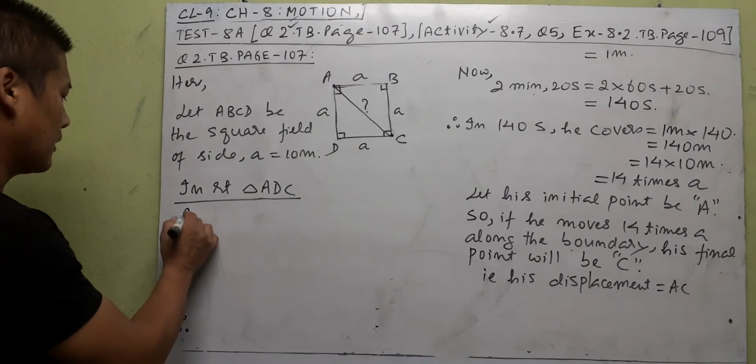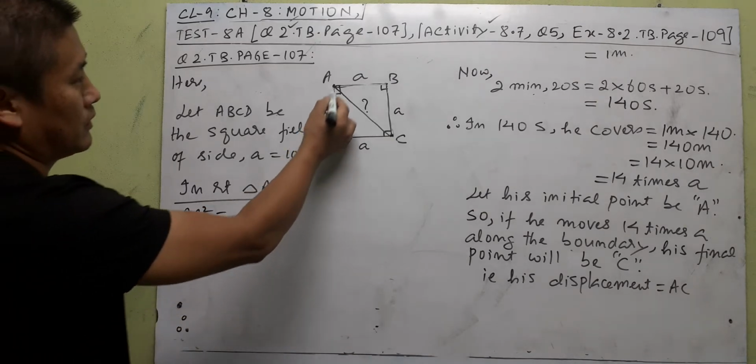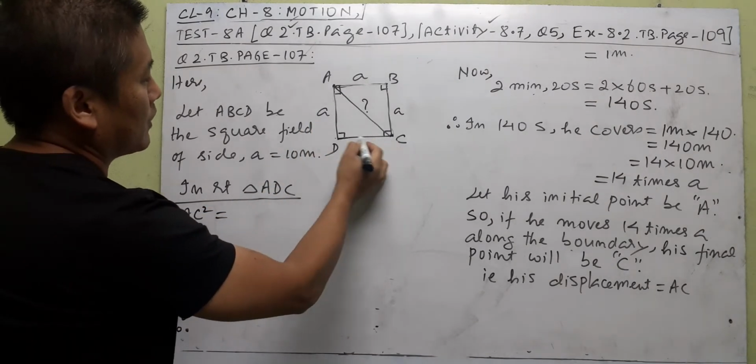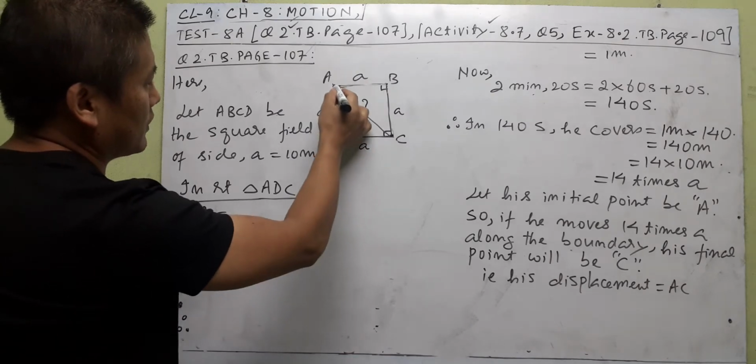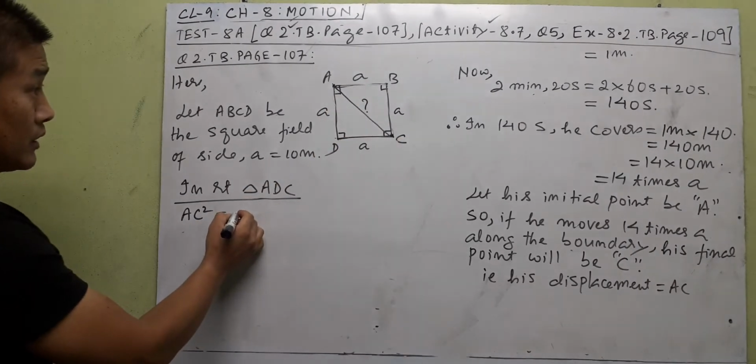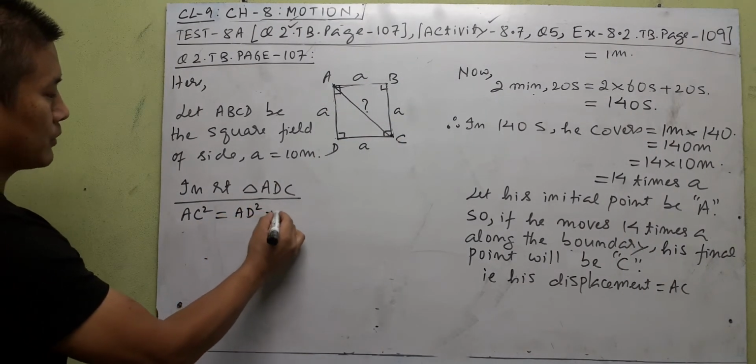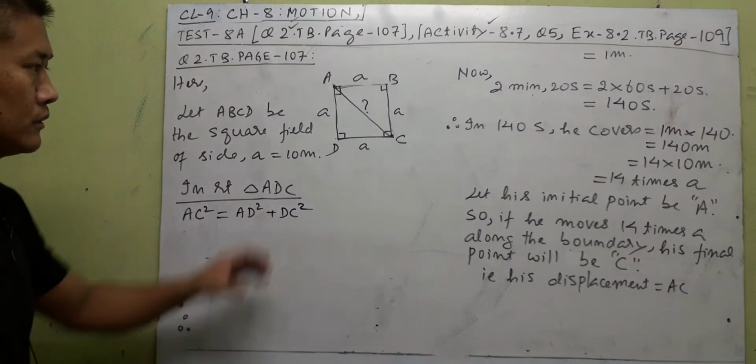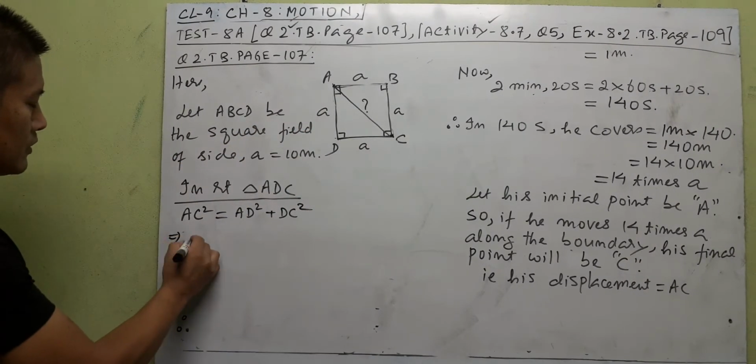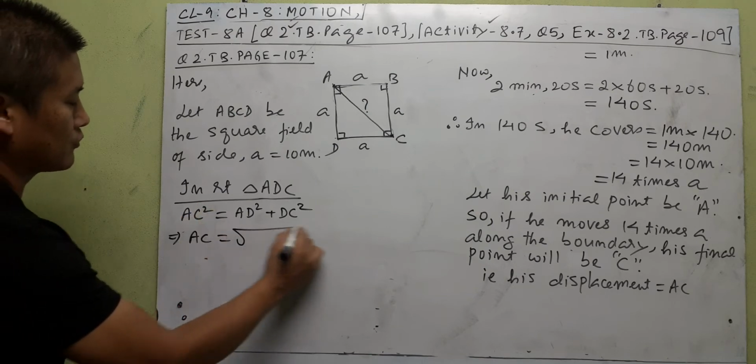So that is hypotenuse AC square. In a right triangle, the two arms of 90 degrees are these, so the one which is not is the hypotenuse. So AC square equal to AD square plus DC square, right? So if you write your AC, we'll remove the square, then root will come.